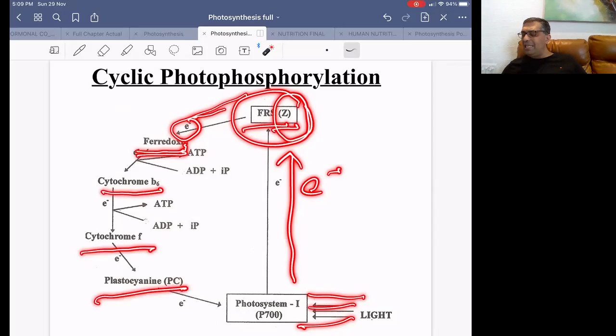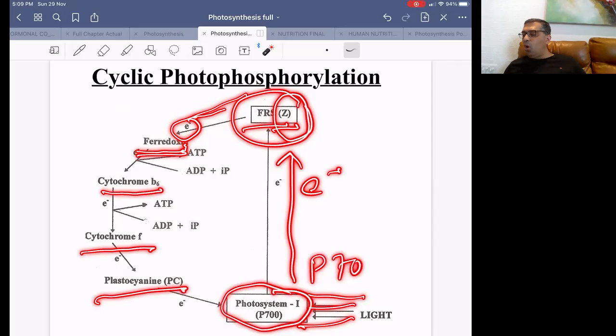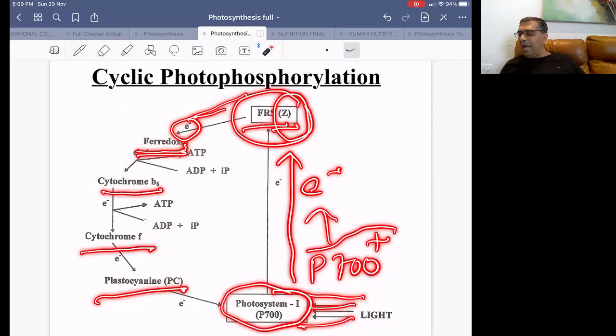But the most electronegative, with the highest redox potential, is photosystem 700 itself. So on losing electron, P700 had become P700 plus, and P700 plus has the greatest affinity for electron.